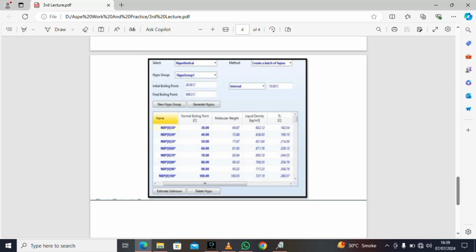Hopefully you start to get an idea of why we need to know hypos, how to model them, and how to start working with petroleum assays and sometimes oil characterization. Okay, this is our third lecture about hypothetical compounds which are not present in our database.